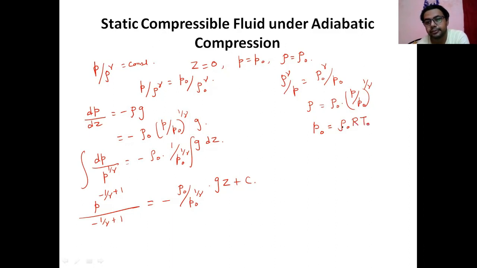Here the temperature is changing; the initial temperature is T0. Here the temperature is not constant. Mind that. With z, the temperature is varying. If you change the z values, the temperature changes. That is the natural case.